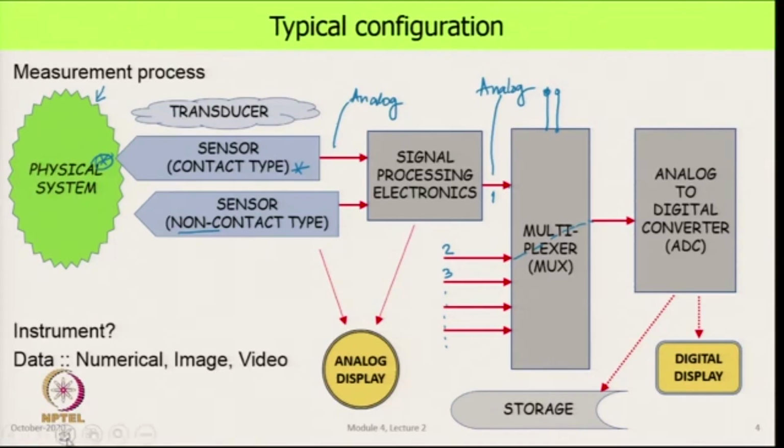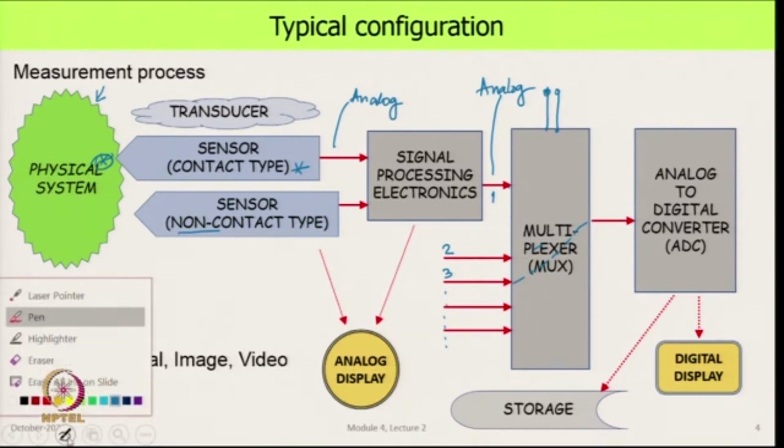After that has been read, this is disconnected, switched off, and then we connect the third one. So, now the output signal coming here is the signal from the third instrument.